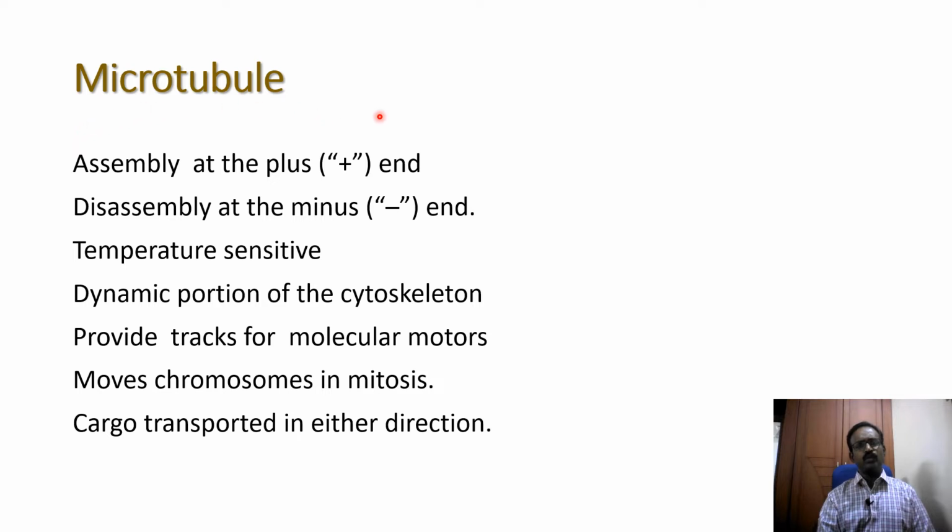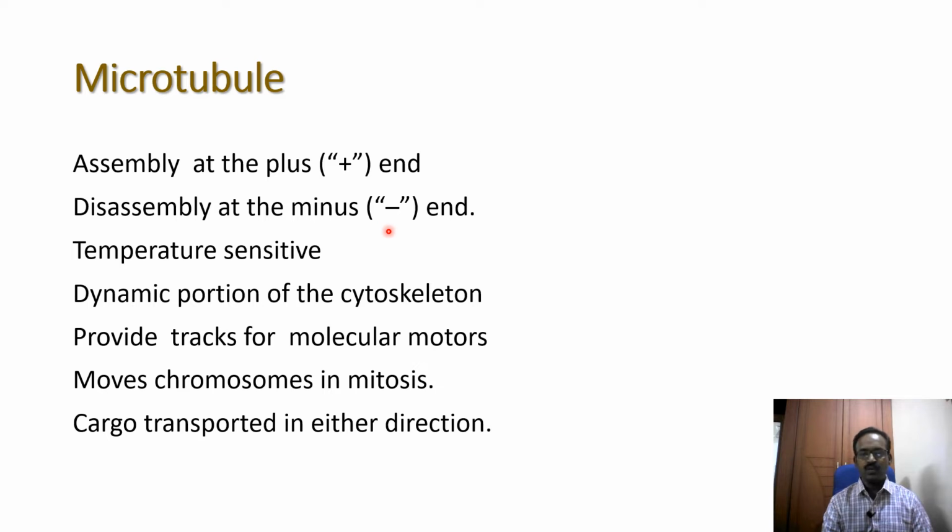The microtubule subunits can be added to either end. The assembly mainly occurs at the plus end. Assembly means the subunits joining, and it mainly occurs at the plus end, the end having the guanosine triphosphate cap. Disassembly occurs at the minus end.